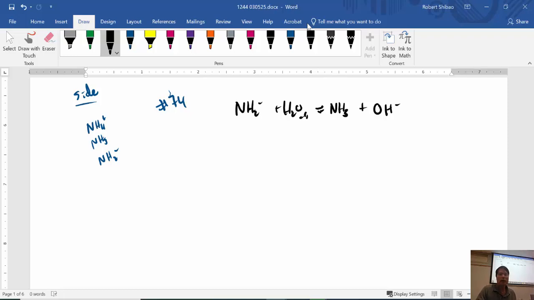All right, so we have 0.0125. So what we do is we set up an ICE table like this, and when I have a K value, the K value is about 10 to the 20th. And we're going to start off at 0.0125 molar here. Do you know the molarity of water? The molarity of water is 55.5 molar for pure water. But its molarity doesn't change much.